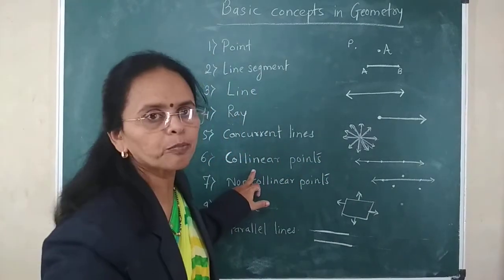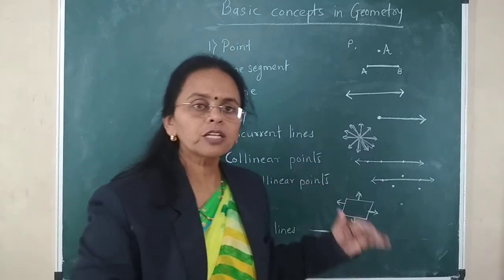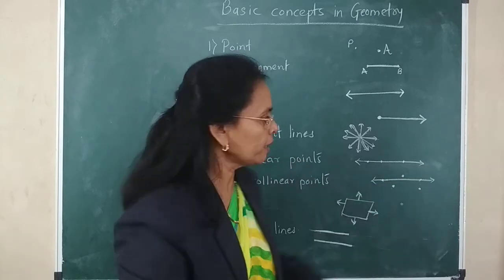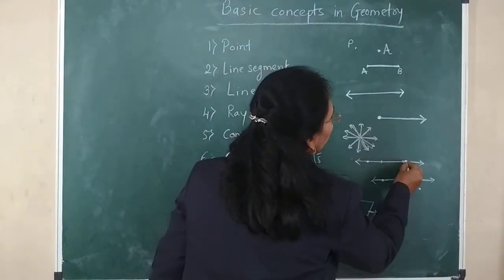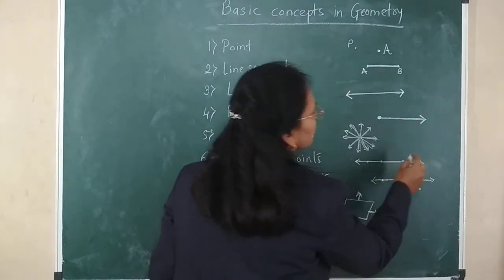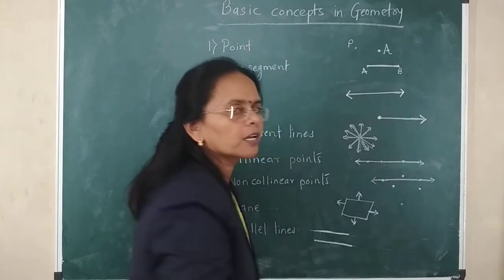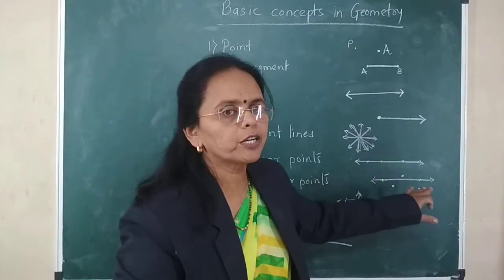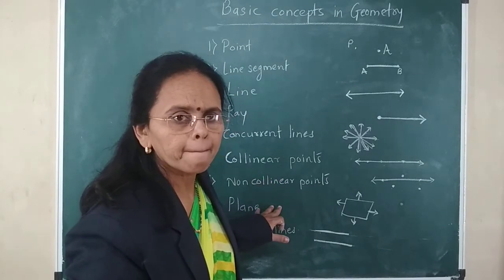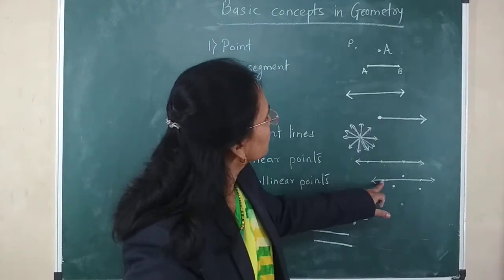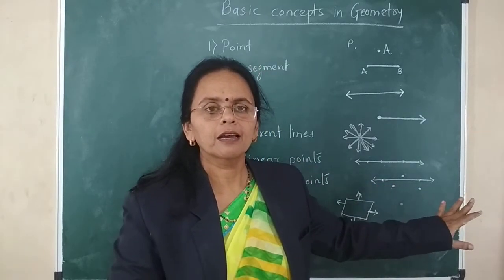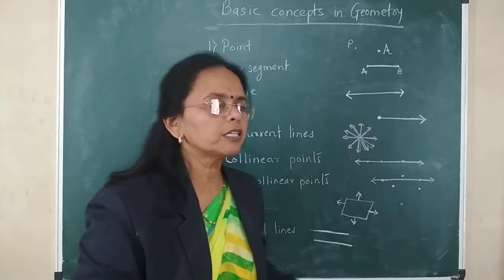Next, collinear points. When three or more points lie on a single line, these points are called collinear points. Next, non-collinear points. Points through which the line does not pass are called non-collinear points.